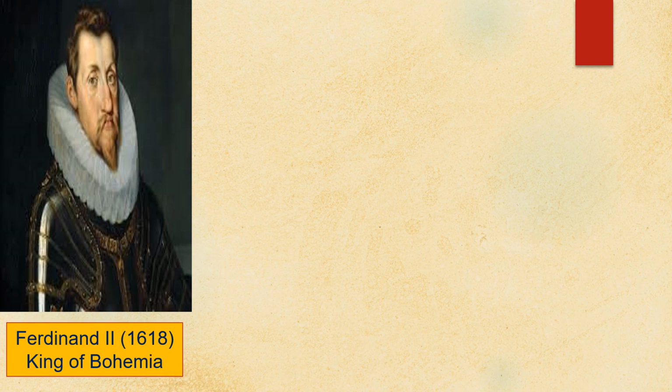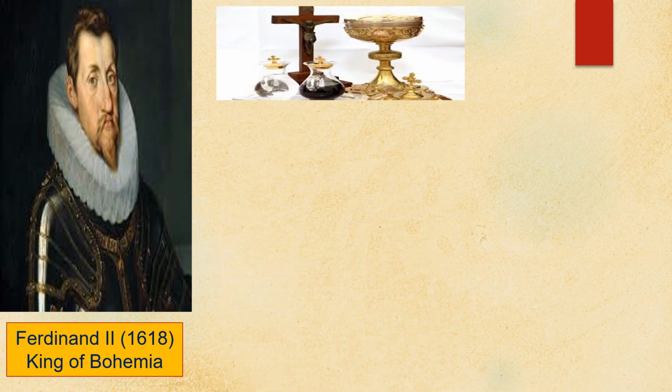It started with King Ferdinand II in 1618. King Ferdinand II is the king of Bohemia, and he wanted to impose Catholicism.